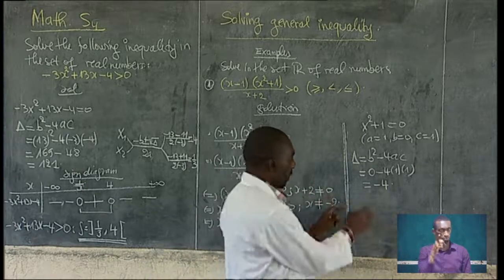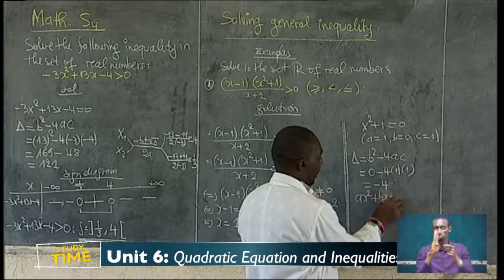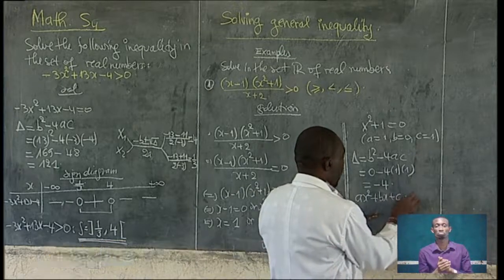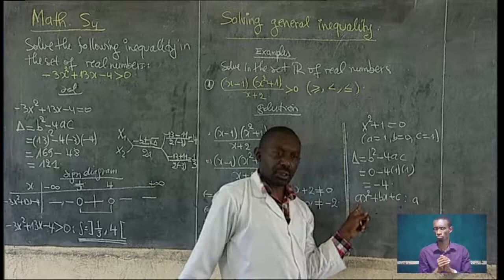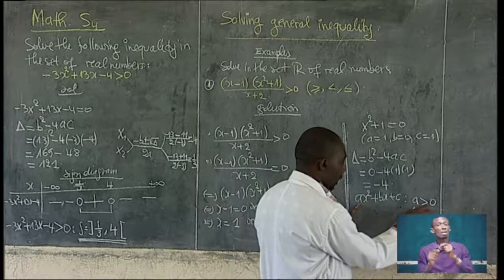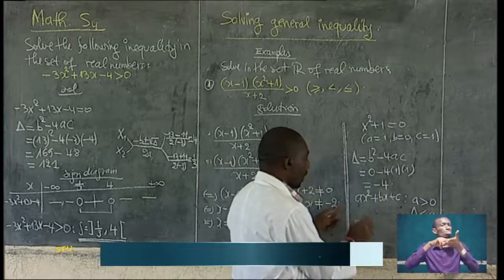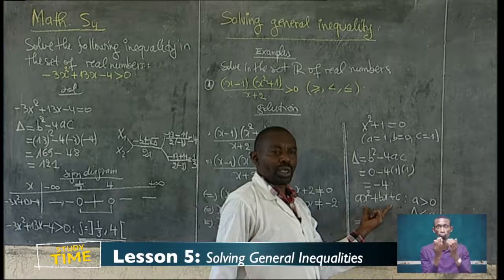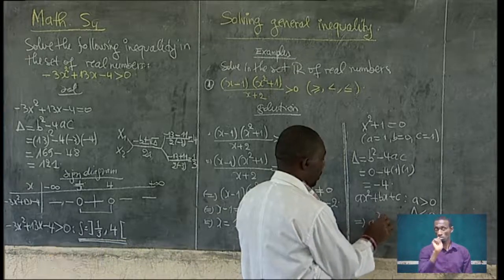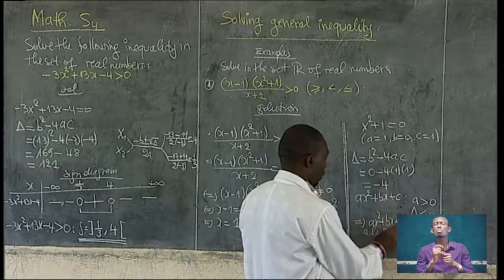Remember that when you have ax squared plus bx plus c, a quadratic expression, when the leading coefficient is positive and the discriminant is negative, this expression is always positive.